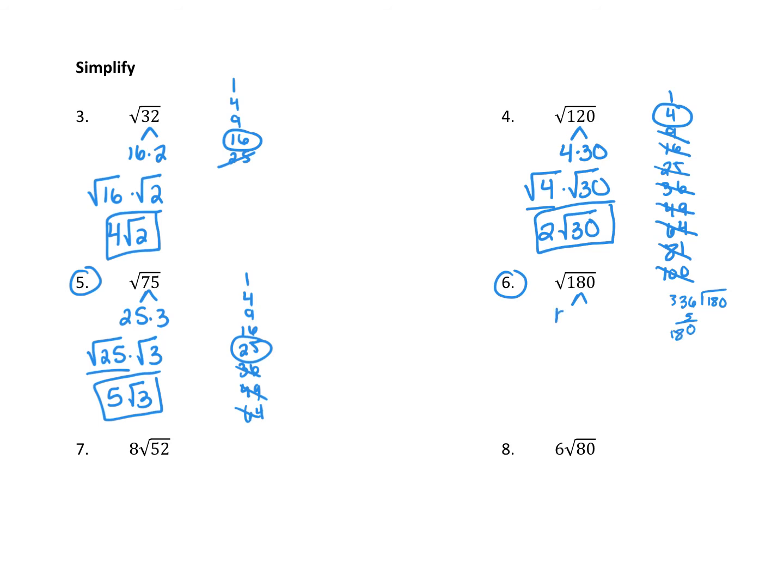So 180 is 36 times 5. So square root of 36 times square root of 5. Square root of 36 becomes 6. So 6 square root 5.